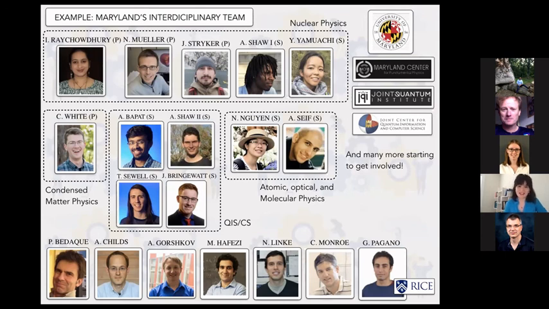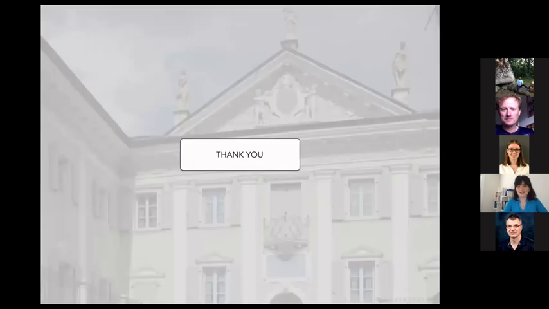And this is a very active and exciting time for all these junior scientists as well as senior scientists to learn from each other and really establish something interesting and valuable for nuclear physics in QIS. And with that, thank you very much.